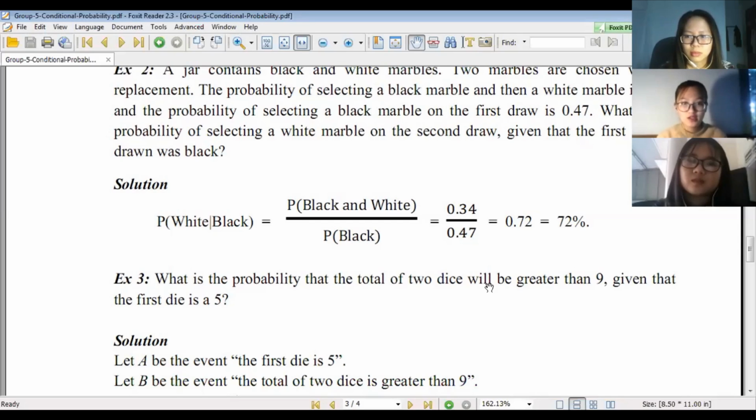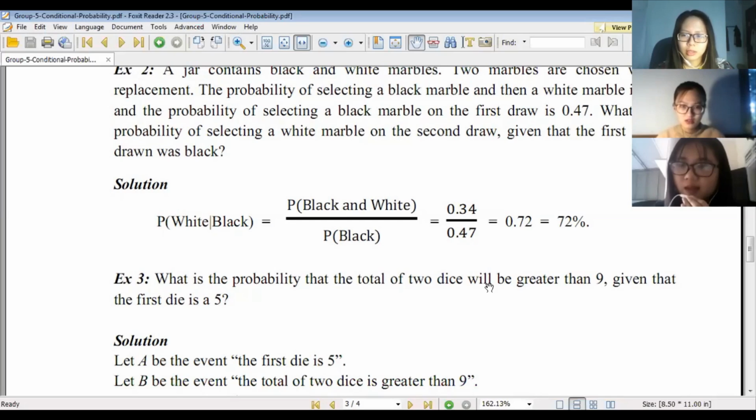Therefore, the number of possible outcomes is 2. Yes. Because we have 6 times 6 cases, the probability of the intersection of A and B is equal to 2 over 36.